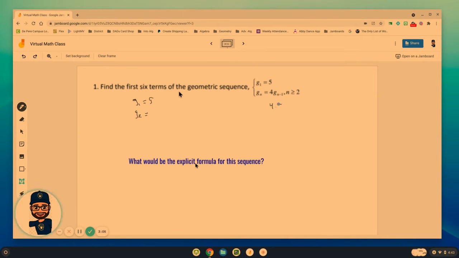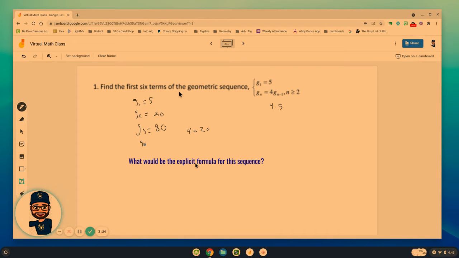There we go, 4 times 5, so that's 20. g sub 3, we take 4 times the previous term. 4 times 20 is 80. So hopefully you can see we're just multiplying by 4.